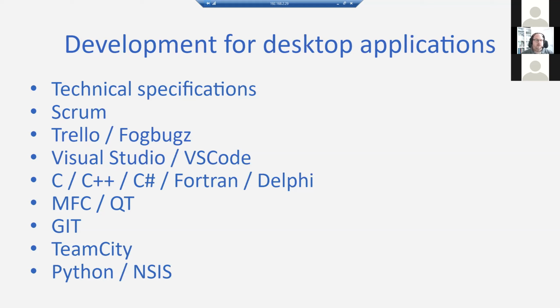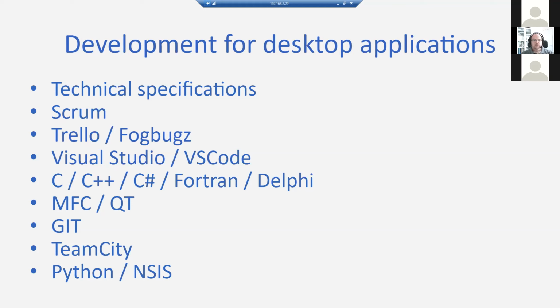It's a little bit aged, as you probably noticed by the UI design, but it still works pretty well actually. So we use Microsoft Foundation Classes and also Qt for user interface design mainly.